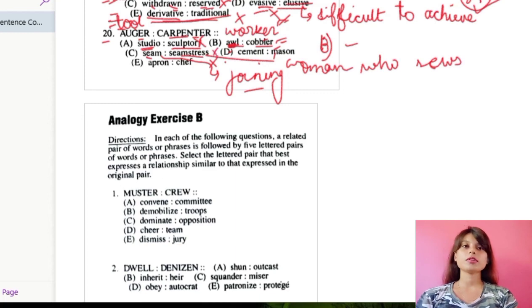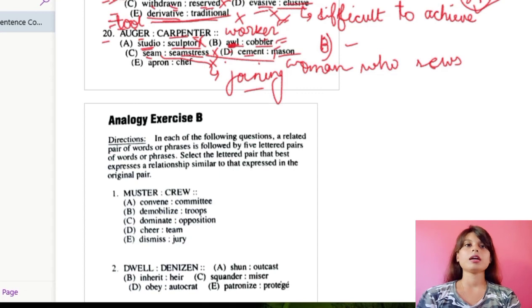Let us move over to option D, cement and mason. Cement means that thing which the laborers use to build or construct buildings. They put it in between the bricks, and it serves as a gum in between the bricks to build the buildings.